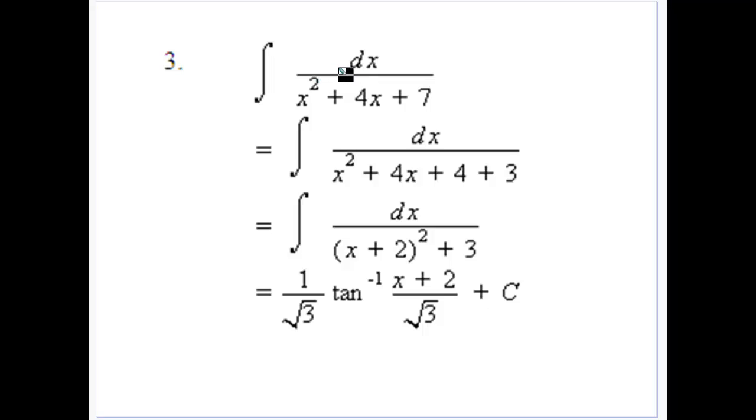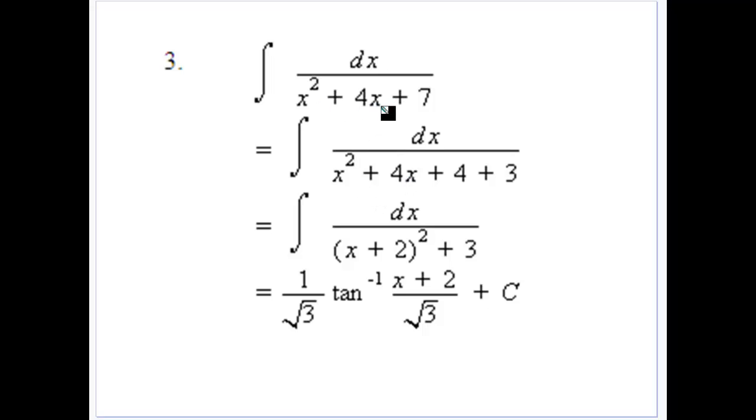This time we've got 1 over x squared plus 4x plus 7, so I'm not going to get a log function there because there's no x on top. Again, that's not going to give me nice linear factors that are going to work for us.